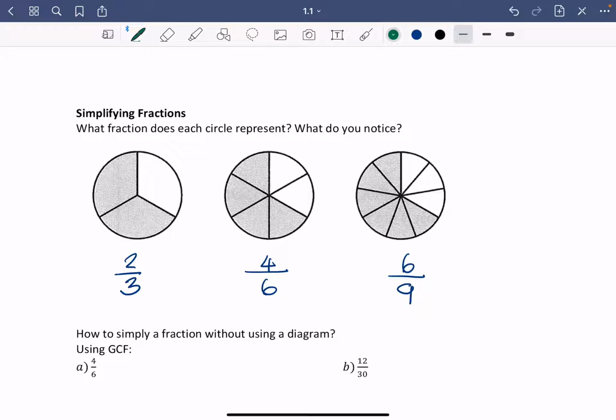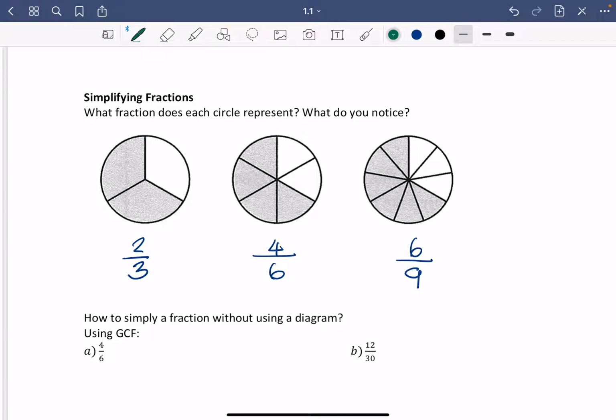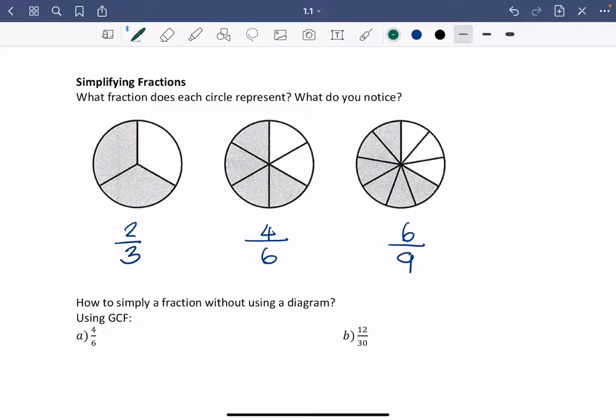And if you compare these 3 diagrams, you can see that these 3 diagrams are actually equal to each other, right? The shaded areas and the unshaded areas are the same. So we can say that these 3 fractions are equal to each other.